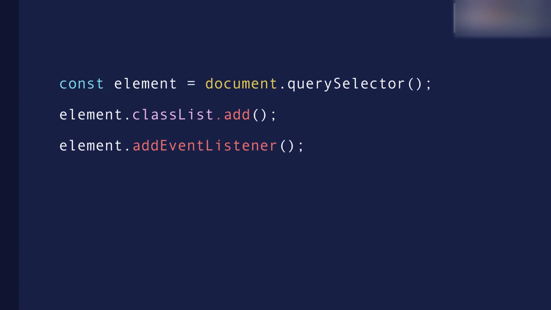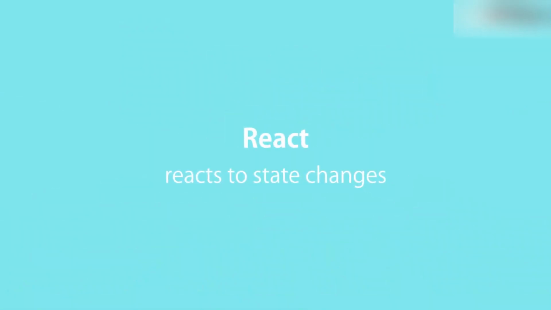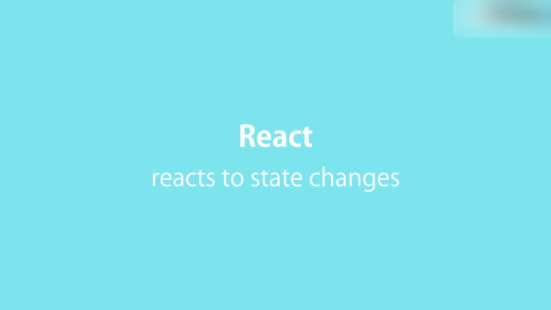In other words, we no longer have to write code to query and manipulate the DOM or attach event handlers to DOM elements. We simply change the state of our components, and React will automatically update the DOM to match that state. And that's exactly why this library is called React. Because when the state changes, React essentially reacts to the state change and updates the DOM.